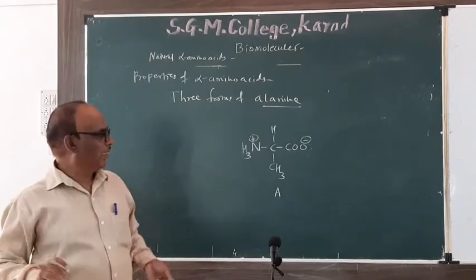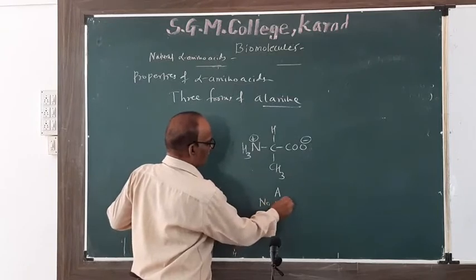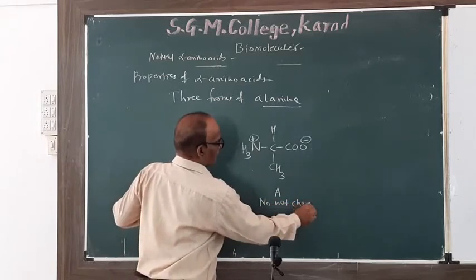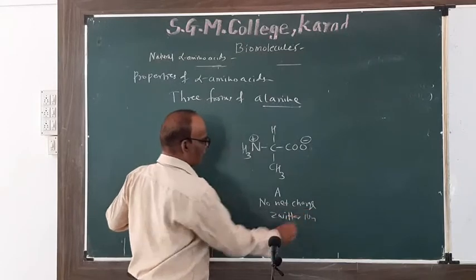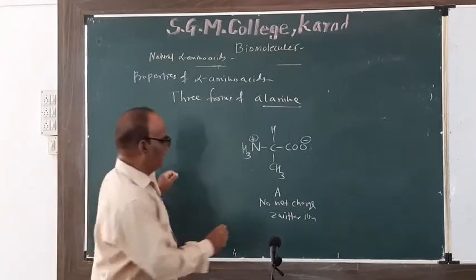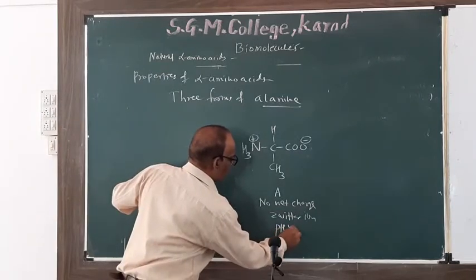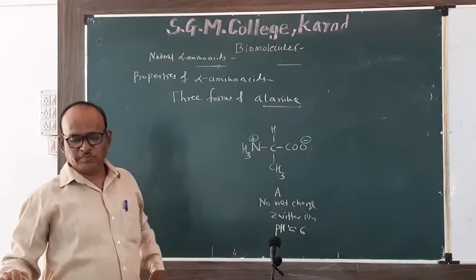There is no net charge because it is plus 1 and minus 1. This type of ion is a Zwitter ion, a positive and negative ion. For this ion, the pH is approximately equal to 6. So this value is given for pH.